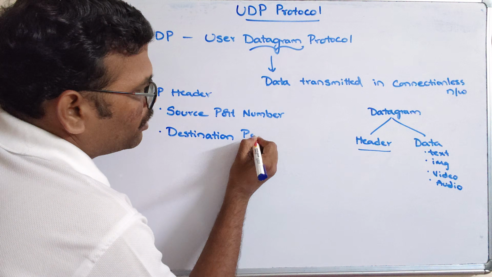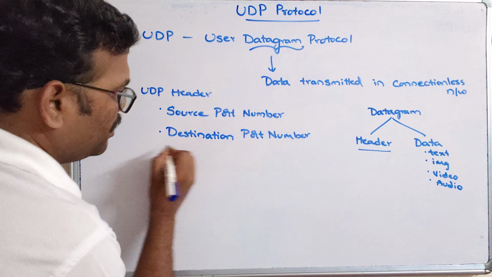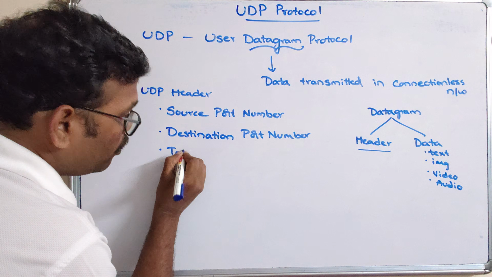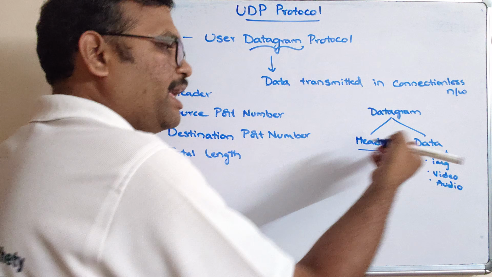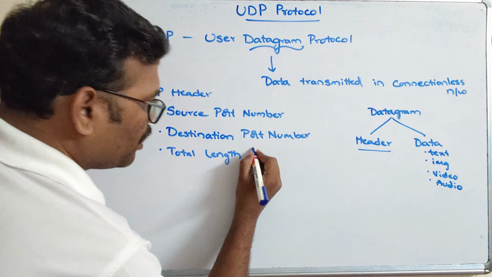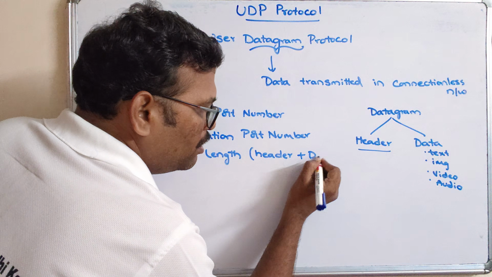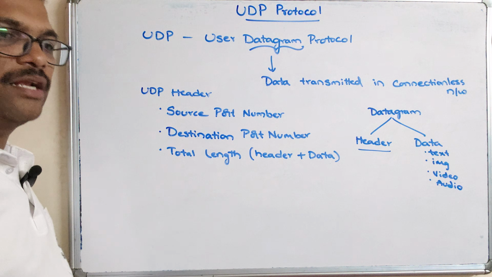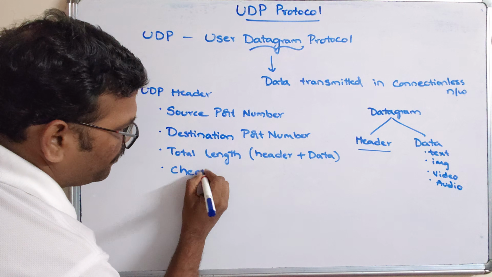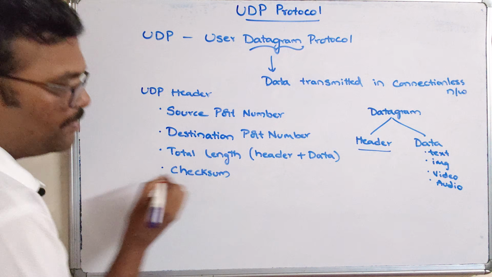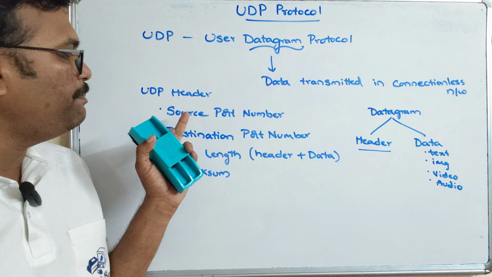Then total length, that means including the header as well as data. Both come under the total length. And the next one is checksum.